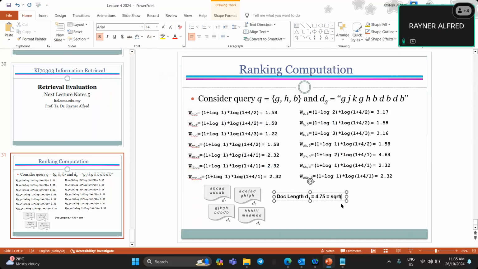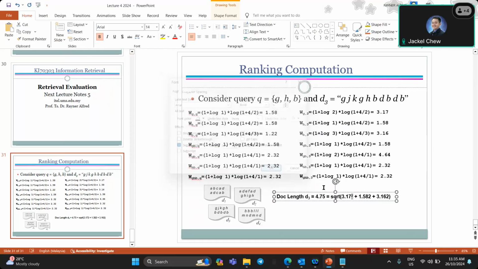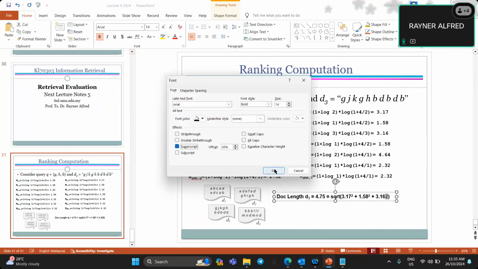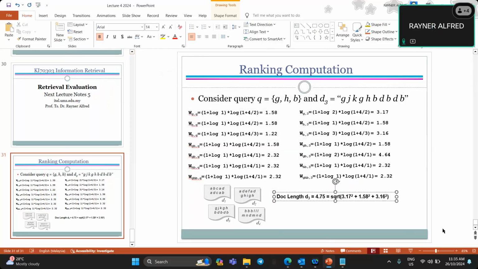You take the square root of 3.17 squared plus 1.58 squared plus 3.16 squared, right? Yes, Prof. Okay, so we have 4.75.